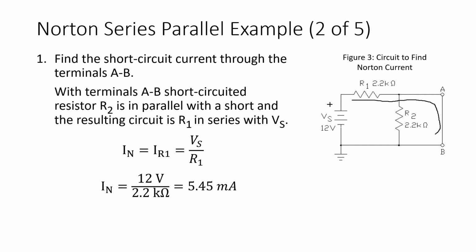All the current that flows through R1 will flow through the short circuit. So the current from terminals A to B, the Norton current, is equal to the current that flows through resistor R1, which equals V source divided by R1, 5.45 milliamps.